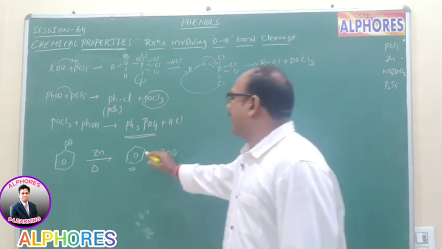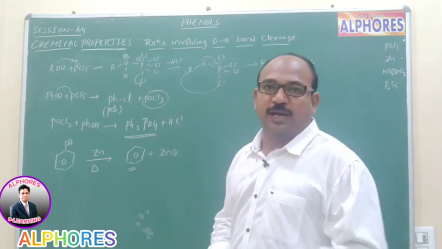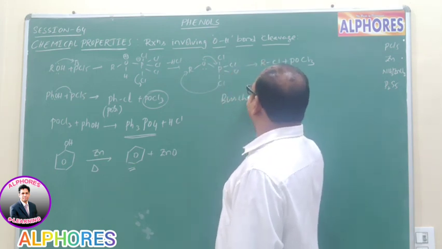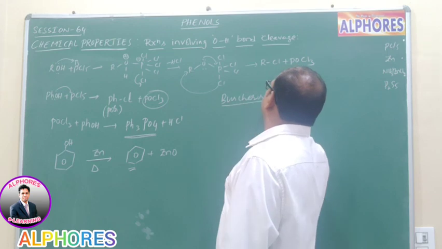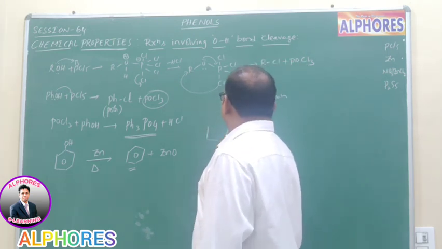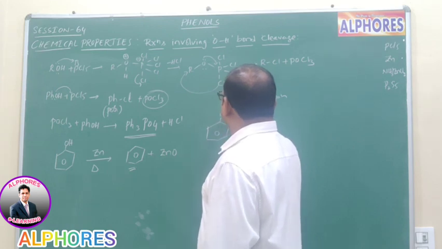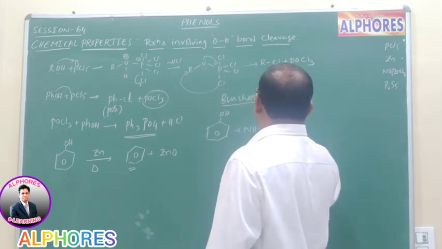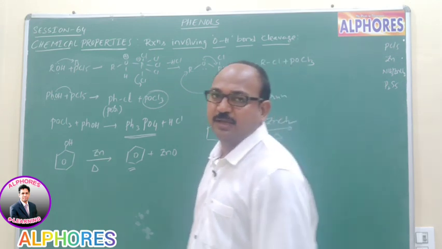Similarly, the reaction with ammonia and zinc chloride is what we call the Bucherer reaction. This Bucherer reaction is nothing but phenol reacting with ammonia in the presence of ZnCl2 at high temperature.